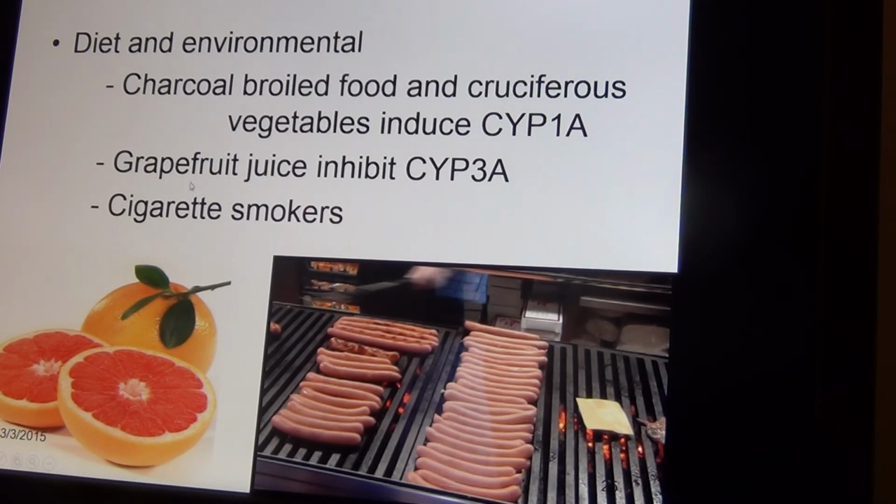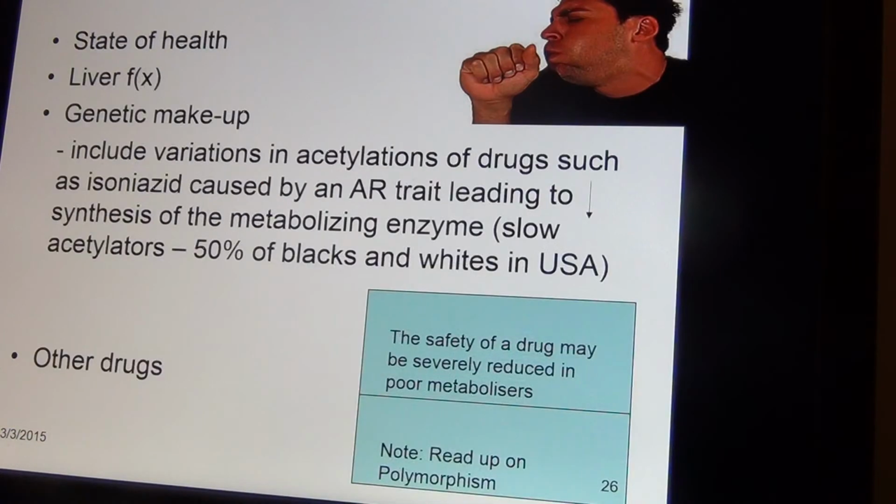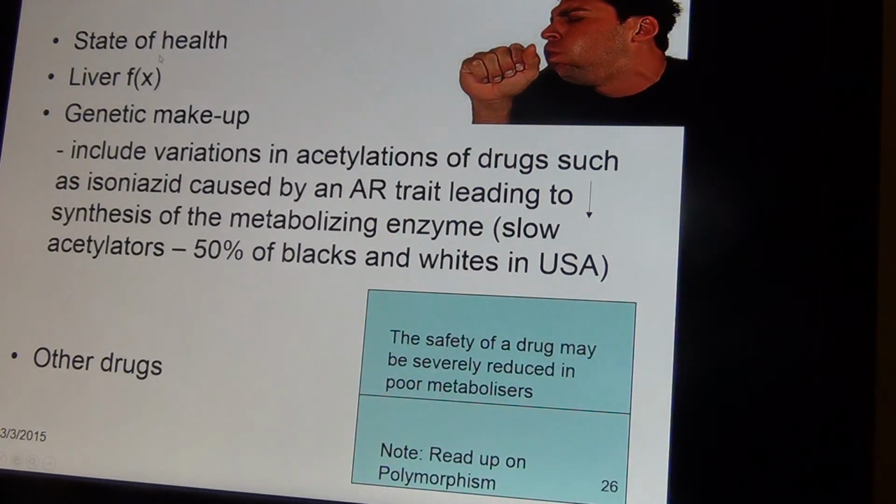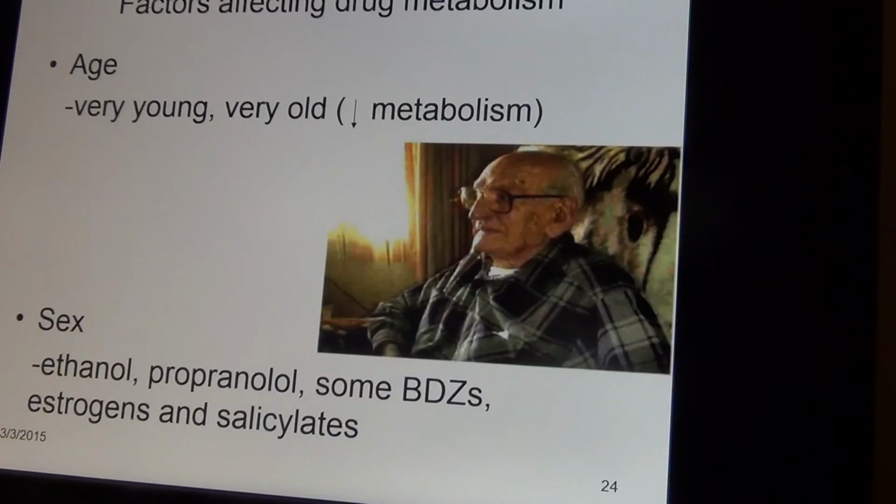And then grapefruit juice inhibits CYP3A enzyme, and cigarette smokers will sometimes have a higher rate of drug metabolism. The state of health, whether someone is healthy or sick, will also affect the rate of metabolism.